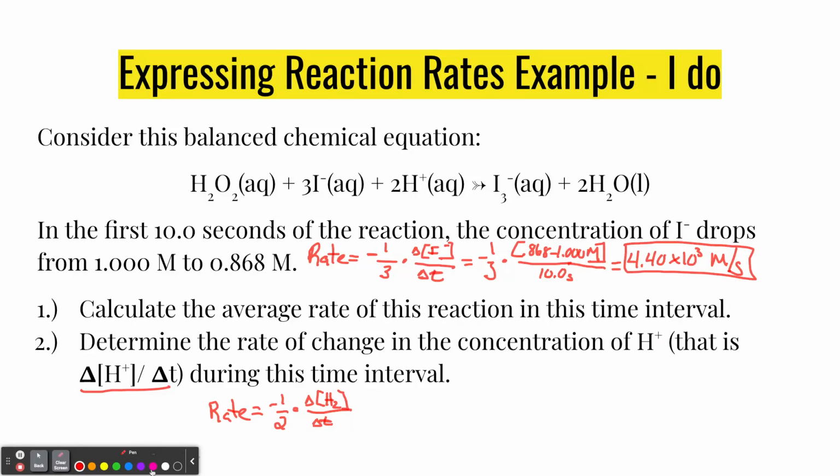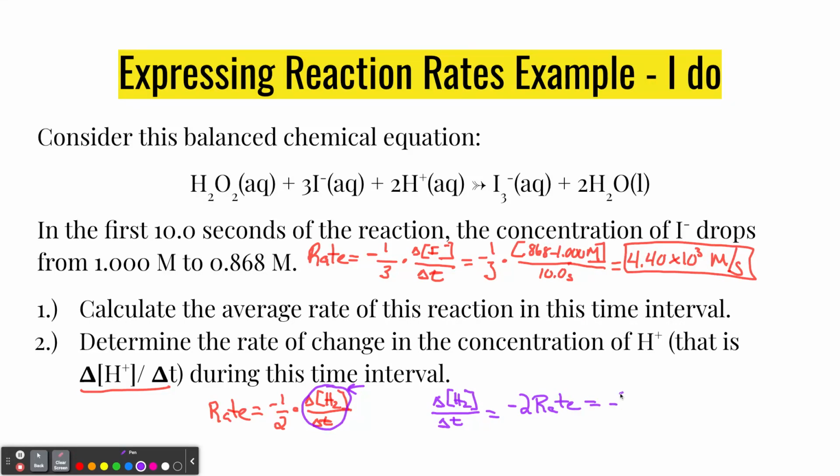We are looking for this entire variable that I'm circling. So we're solving for this. If I solve for that, the change in concentration of hydrogen ion over delta T is going to equal negative 2 times the rate. So let's plug this in.